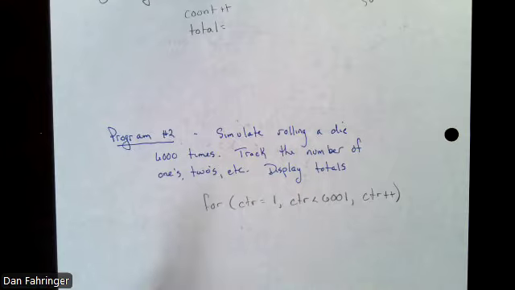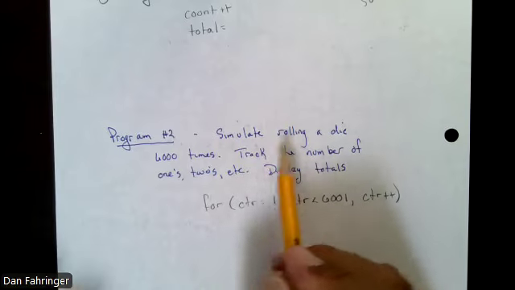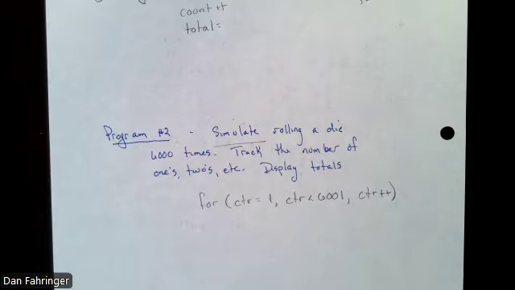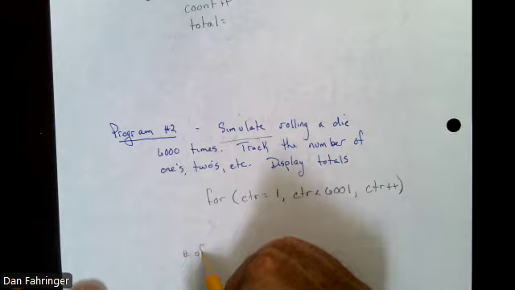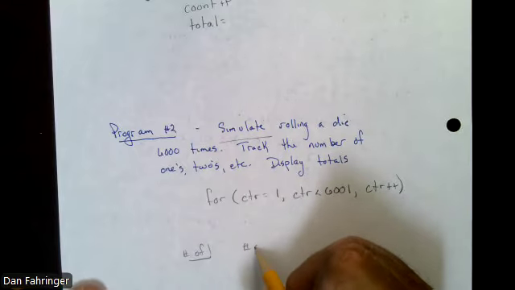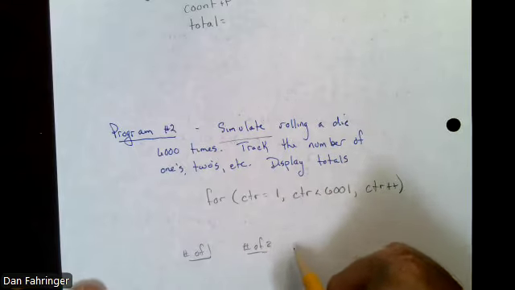You're going to track the number of ones, twos, threes, fours, fives, and sixes. And when this simulation is done, you're going to display number of ones, number of twos, etc.